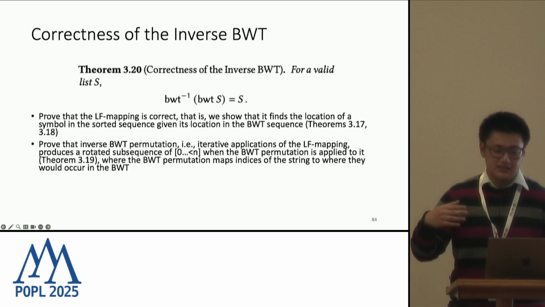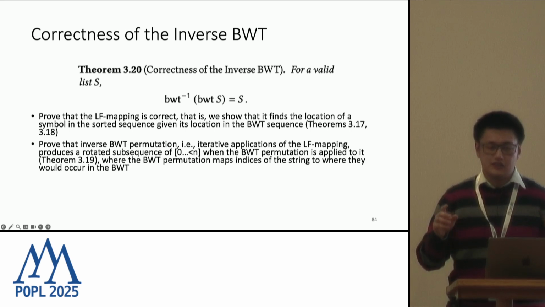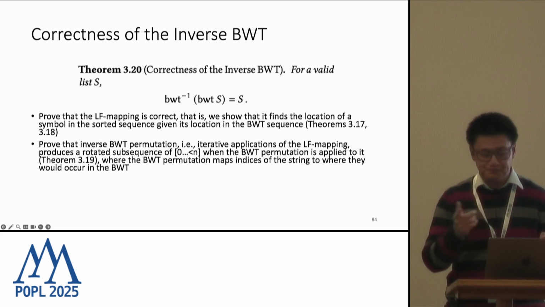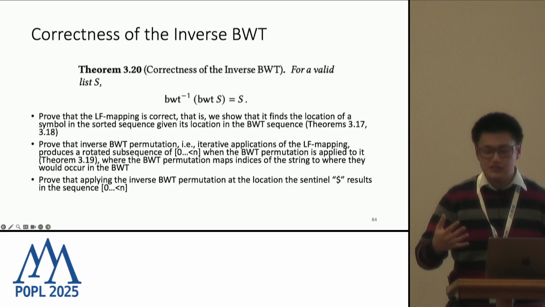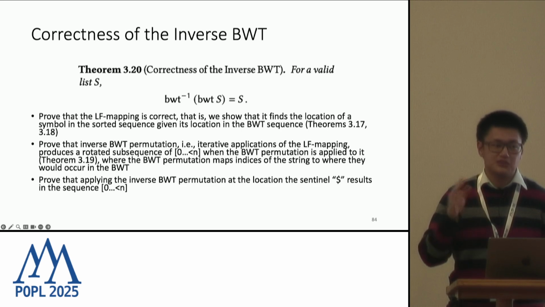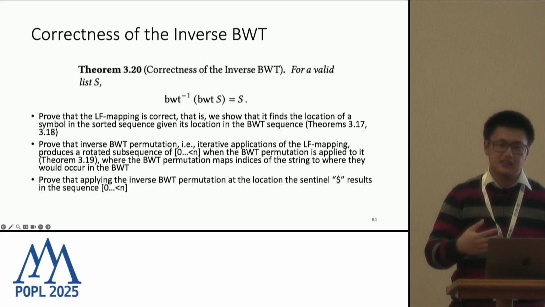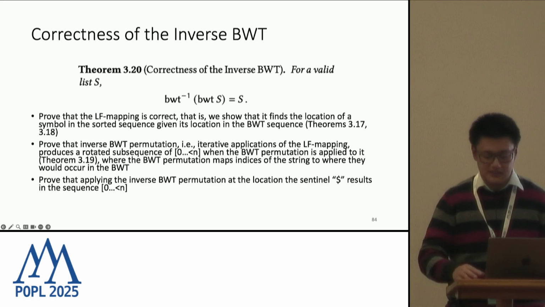What we try to show is that if you apply this inverse permutation on the locations to the permutation you would obtain if you applied the BWT, what you should get is this subsequence from 0 up to n, which could be rotated. Once you have that, you can show that if you start at that unique last symbol and apply it the correct number of times, you get the sequence from 0 up to n, and from this you obtain that you've actually got the inverse.